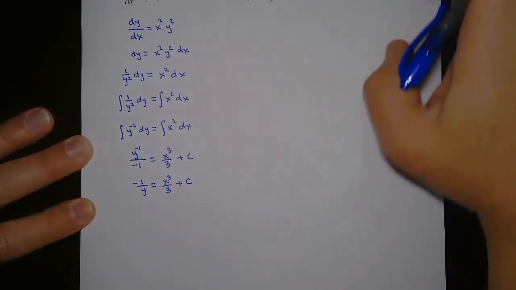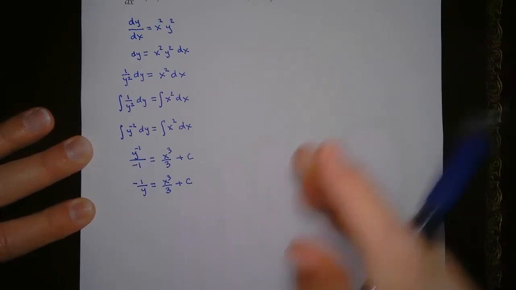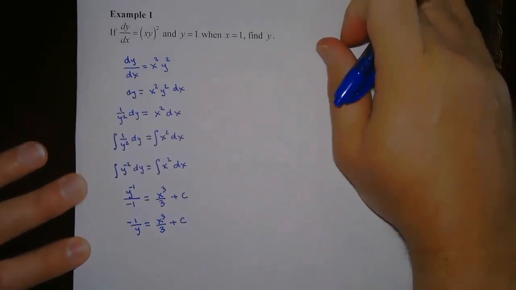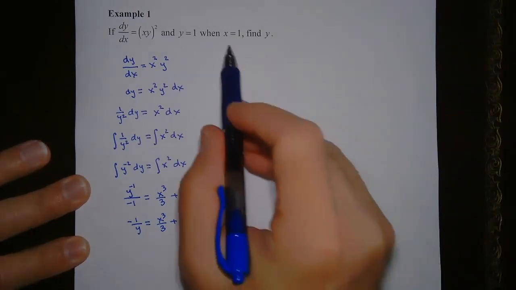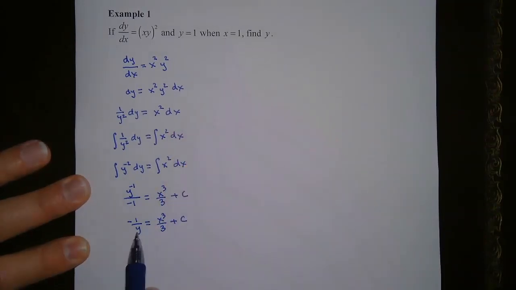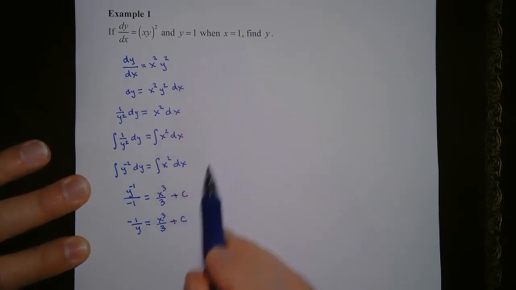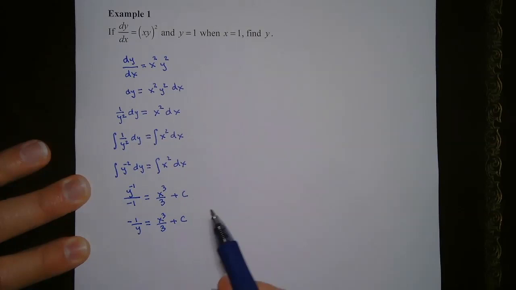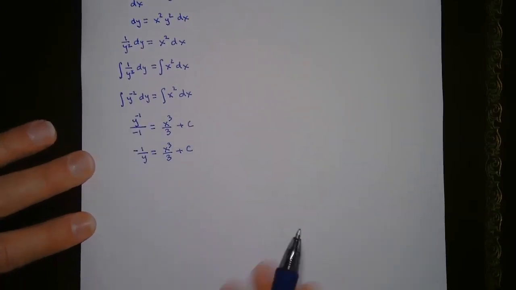So now I'm going to find my c value. There are different ways you can do this. One way is to plug in right here, because we know when y is 1, x is also 1. So this x and this y are both 1 at the same time, and that will allow us to find this constant c. So I'm going to substitute those values in.